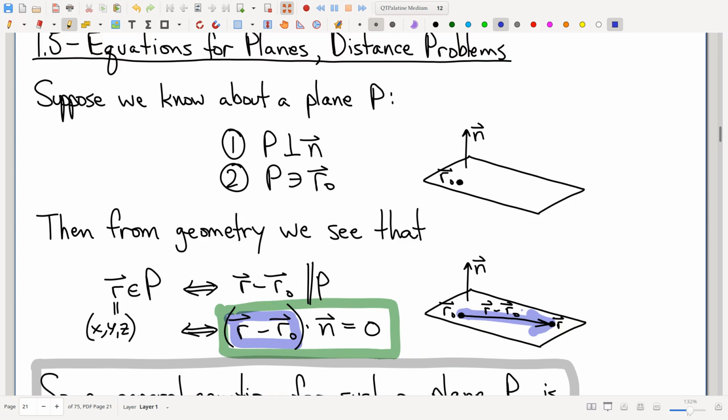So in fact, not only is orthogonality an acceptable rewrite, it's a mandatory rewrite. I need to allow R minus R0 to be 0. Does that make sense to everybody? If I were to say that the test is, I need R minus R0 to be perpendicular to N, that would be wrong, because that would disallow R0, which I can't do.